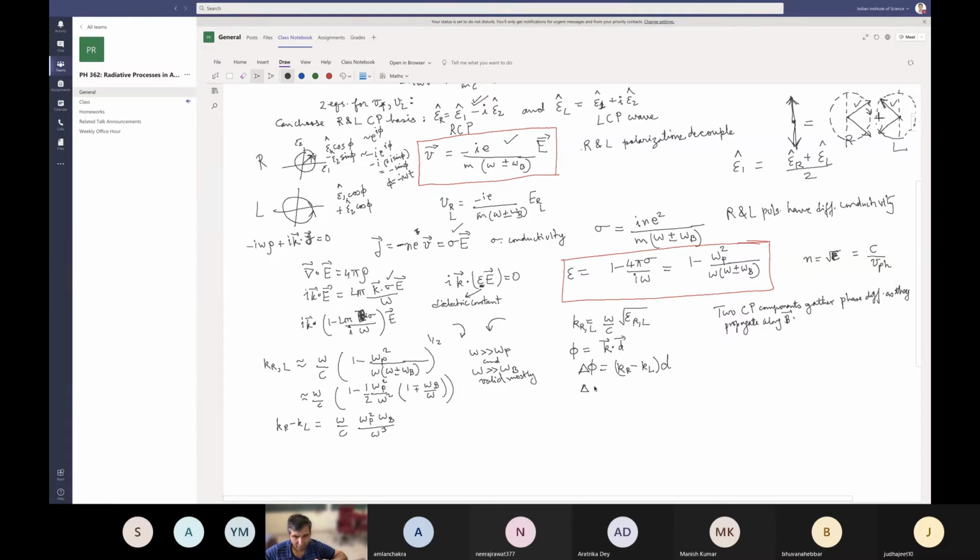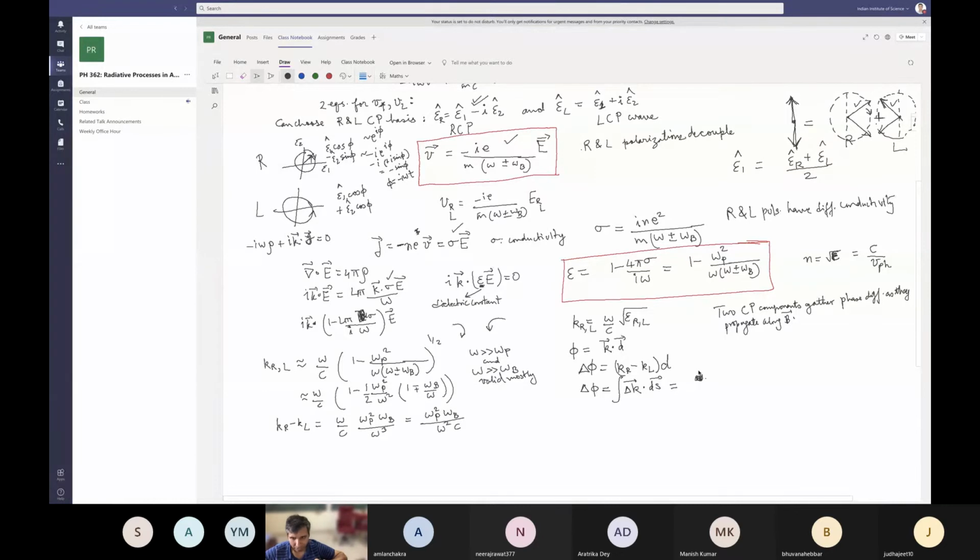Right, and your phase difference is basically the integral of delta k ds. So this has to be integrated over the whole line of sight. Delta k is nothing but K_R minus K_L, so that's omega p squared omega b divided by omega squared c.